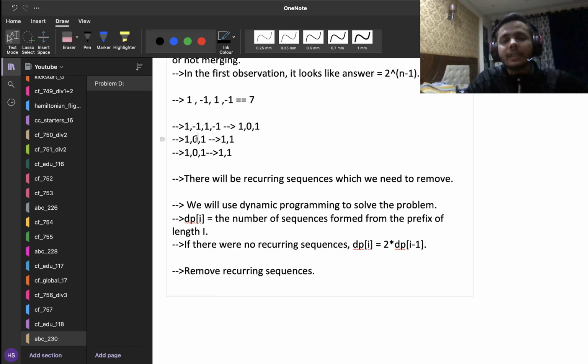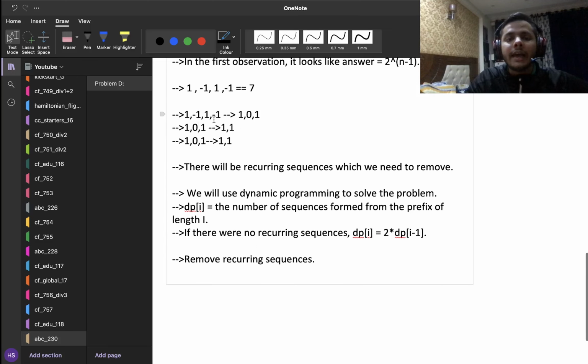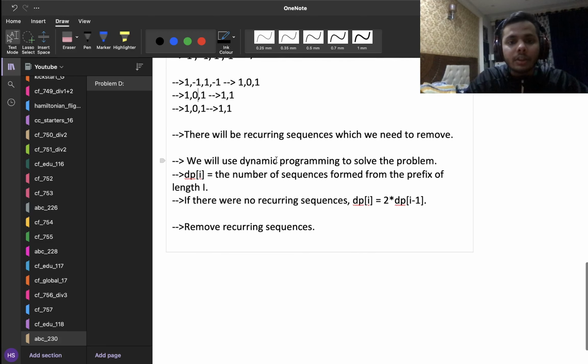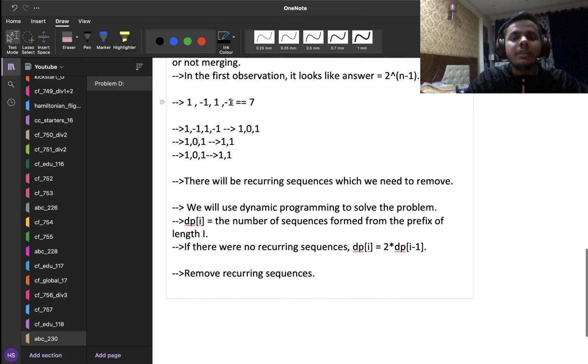So what I'm trying to say is that this 1 and minus 1 sum up to 0, and this 0 can either be combined with the left element or to the right element as well. And both of them will give the same result, because at the end of the day it's a 0, and if I'm adding it to some 1, it won't change its value, right? So this 1 will stay 1, this 1 will stay 1. And that is where the recurring sequences are coming from.